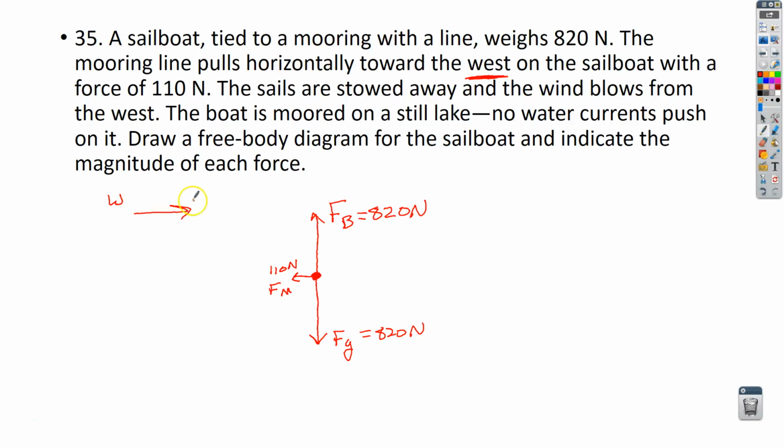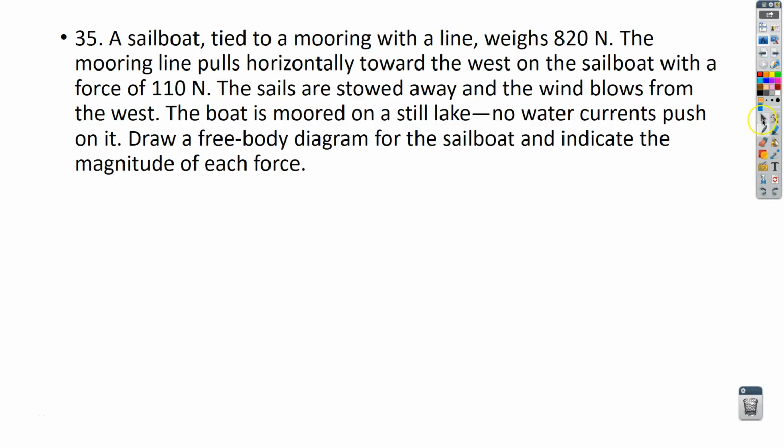It's going from west to east. So this is the wind direction. So we would also have a force of the wind. And because this boat is sitting still, we know that the force of the wind, so we'll say Fw here, is equal to 110 newtons. And that is number 35.